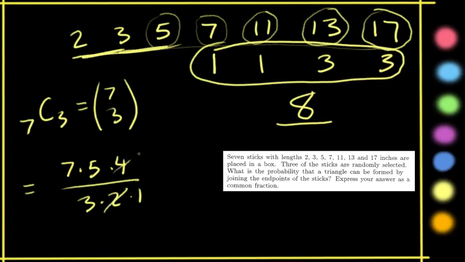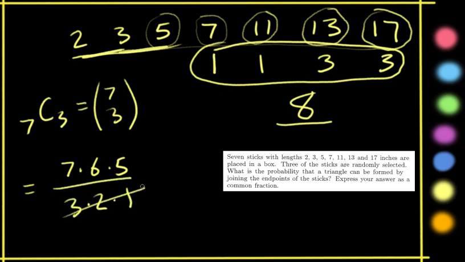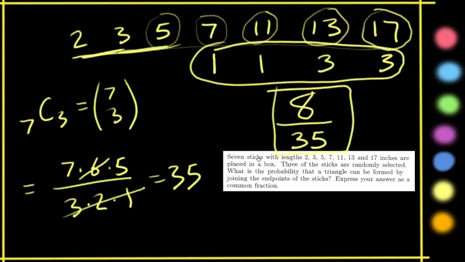So this gives me 2. Oh, whoops, I did that wrong. One sec, I forgot 6. It should be 7 times 6 times 5 divided by 3 times 2 times 1. My mistake. And this is just 6, so it cancels with that, and you get 35. So that'll be the denominator here. There's 35 total ways to pick 3, and only in 8 of those can we form a triangle.